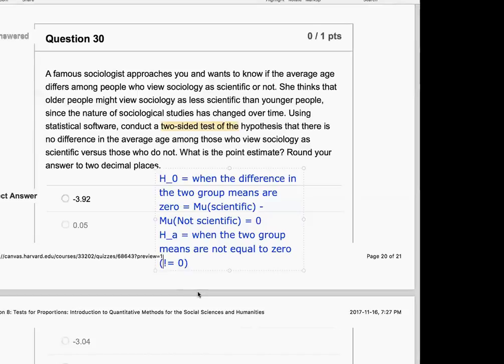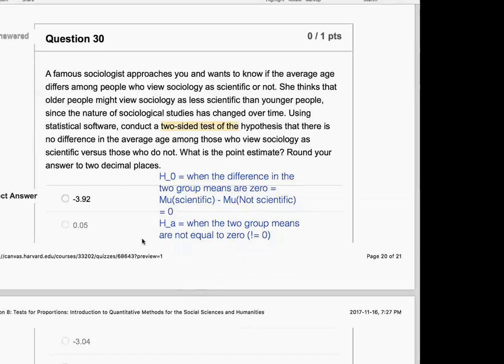Okay, so those are the two distinctions I wanted to make in terms of framing the hypothesis. Now, when we look at differences in proportions, just keep in mind the H naught and HA are talking about the differences in the two proportions.